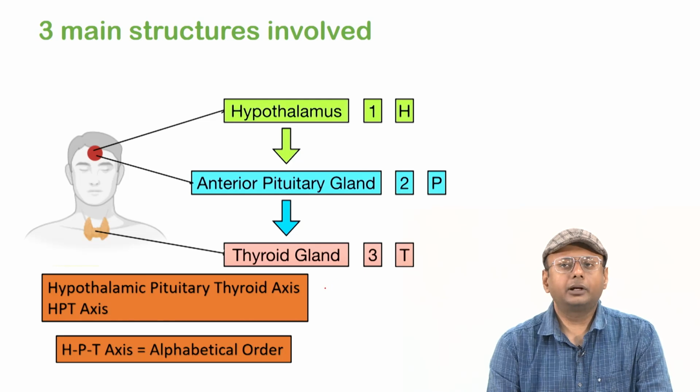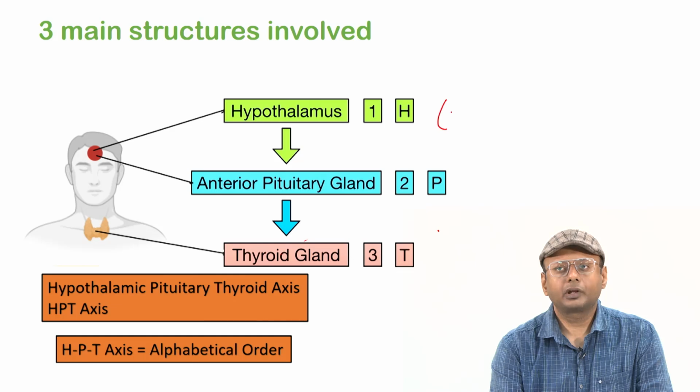In terms of thyroid hormone synthesis, there are specific organs that play a crucial role, and we have to know why and how. The first major organ involved in thyroid hormone synthesis is the hypothalamus, because in the last slide we said that the hypothalamus produces the TRH, or thyroid releasing hormone.